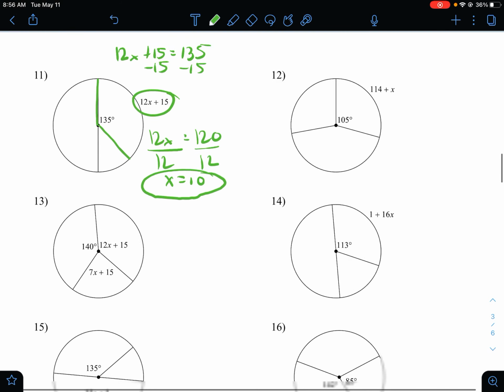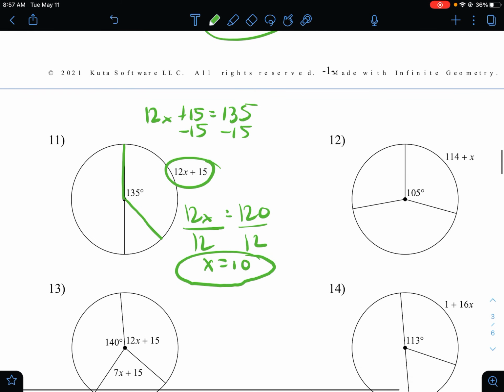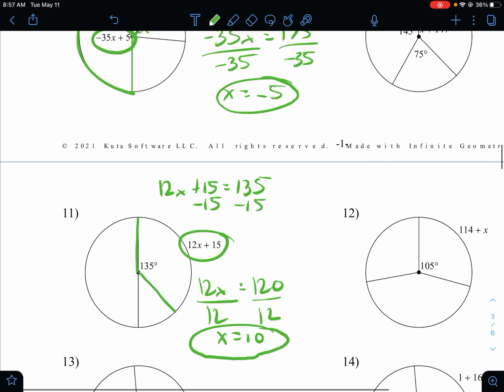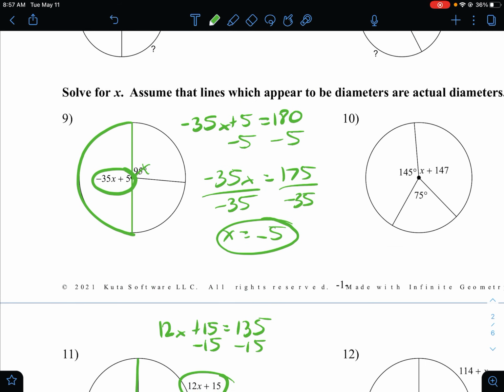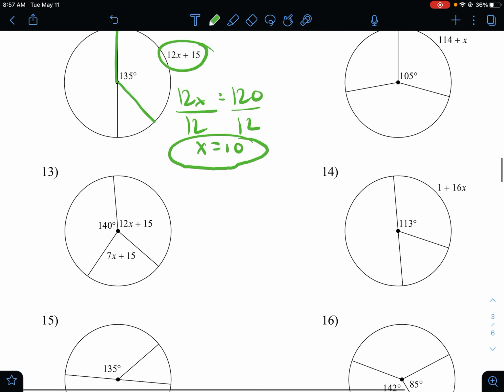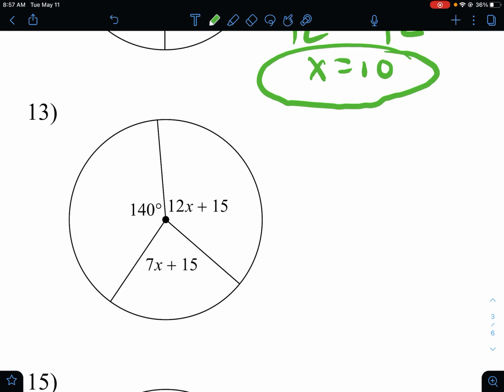Again, central angles are equal to the measure of their intercepted arc. Diameters cut the circle in half, so the measure of that arc is equal to 180. Now let's take a look at 13. We don't have any arc measurements, we don't have any diameters, but they did give us information on this entire circle, and we know that the entire circle needs to add up to 360.